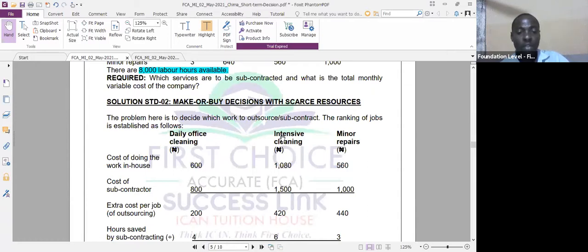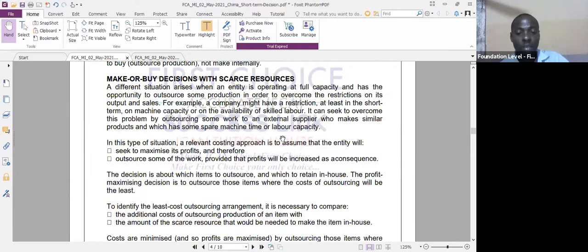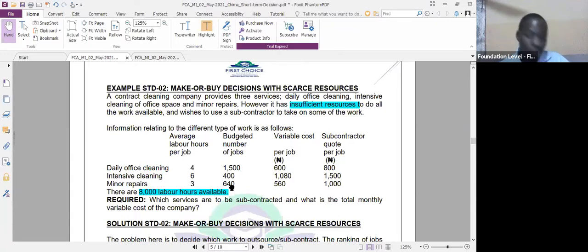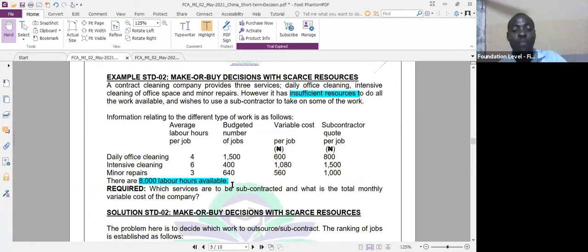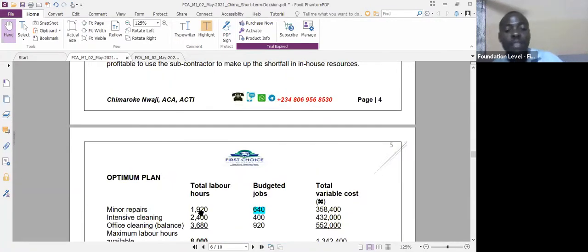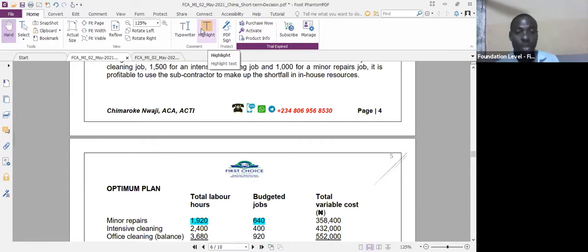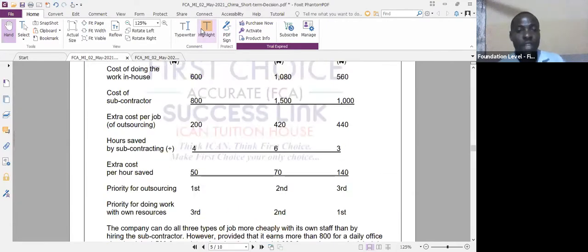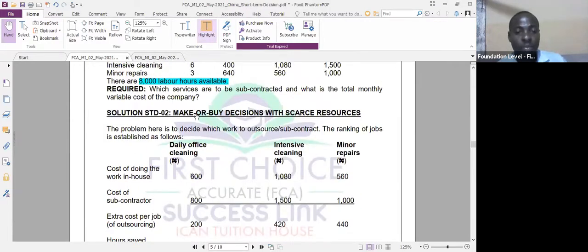Sorry, I'm trying to make a question. 640 minus 640. Okay, so that's the budgeted jobs. Then how did you get this total labor hours of 1920? Go to the average job hours per job.